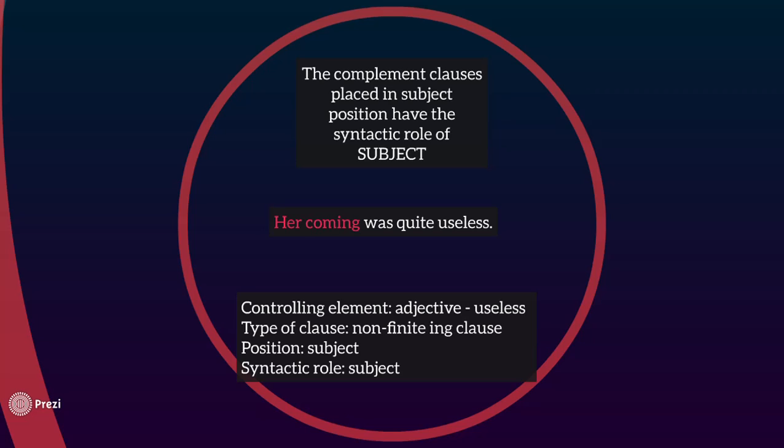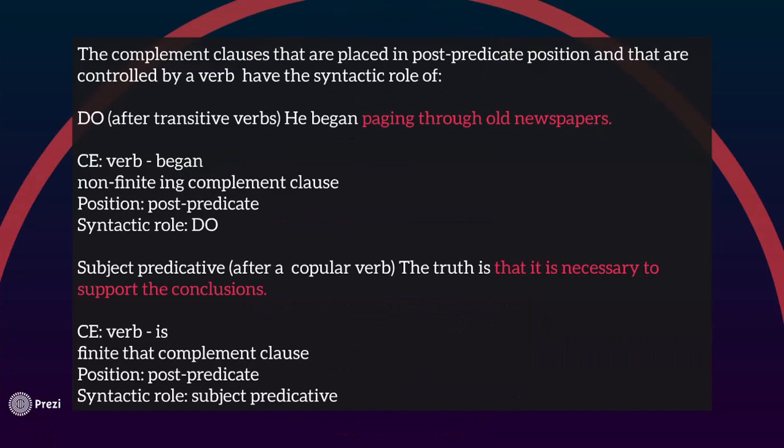It's placed in the position of the subject and it has the syntactic role of the subject. Those complement clauses which are placed in post-predicate position can have the syntactic role of a direct object or a subject predicative, depending after what kind of verb they are placed.